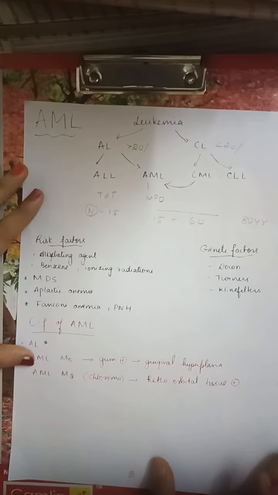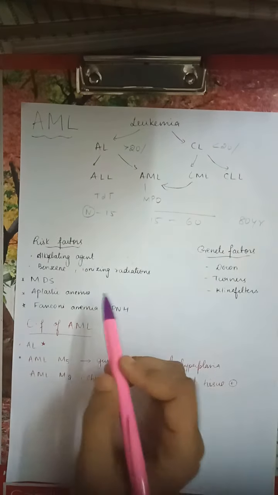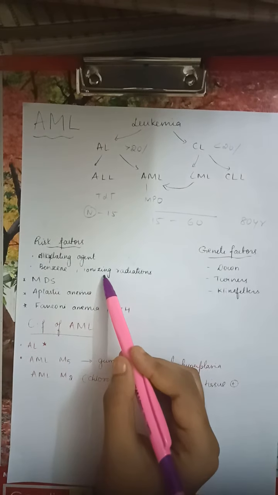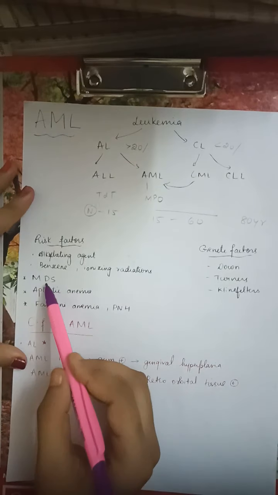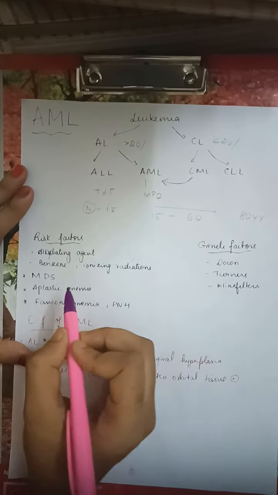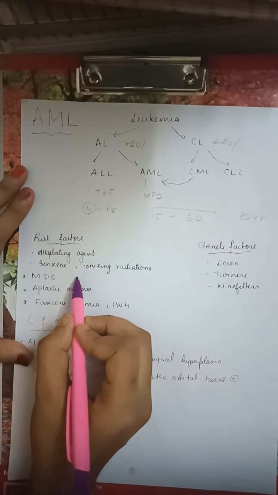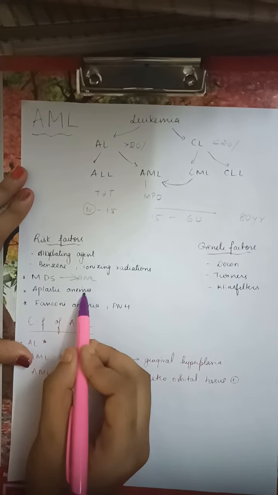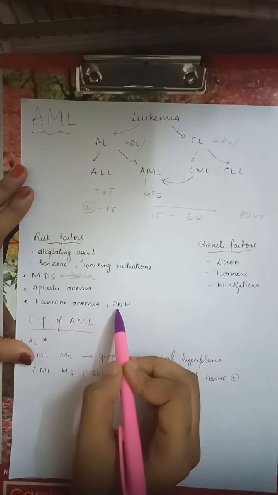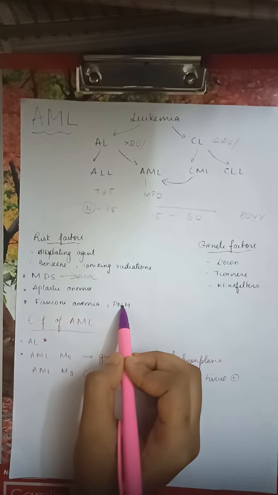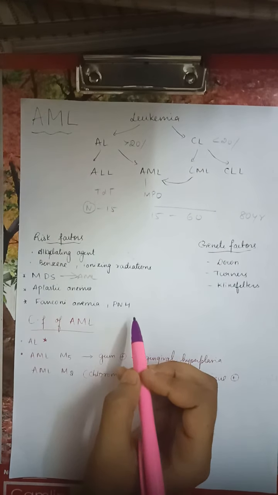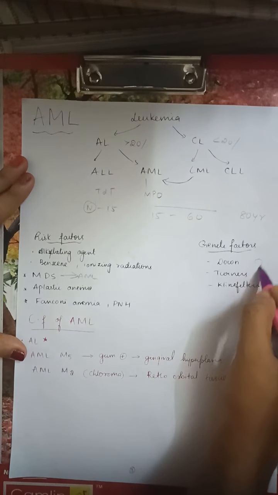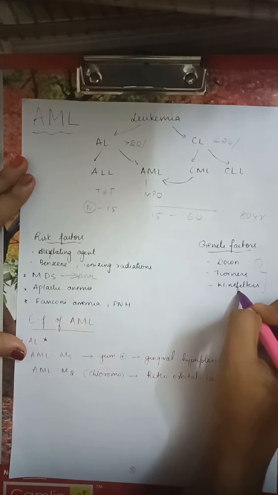Again, for acute leukemia, I told you all the risk factors, but repeating: alkylating agents, benzene, ionizing radiations. Then MDS, I told you MDS always carries the risk of formation of AML. Then aplastic anemia, Fanconi syndrome, paroxysmal nocturnal hemoglobinuria, many different abnormalities. And genetically there are 3 cases: Down syndrome, Turner's and Klinefelter's.